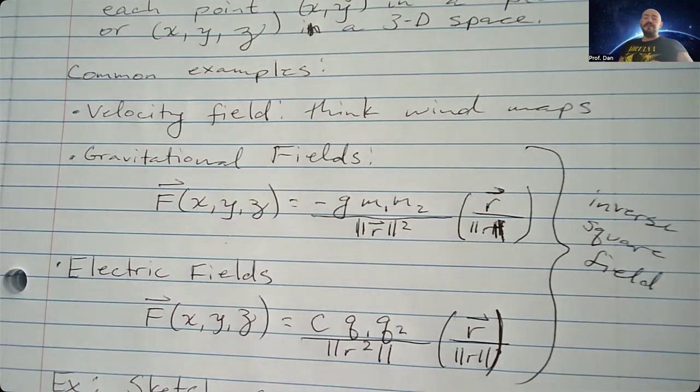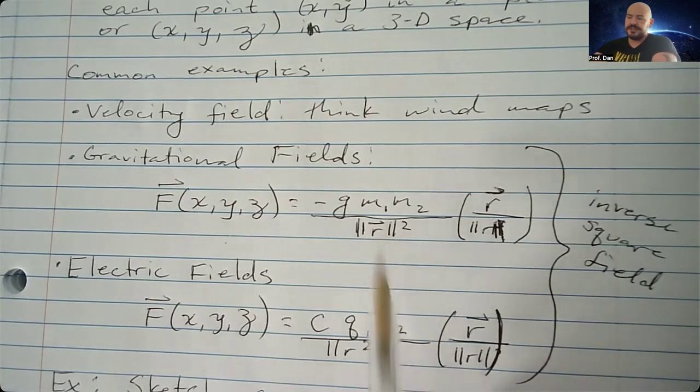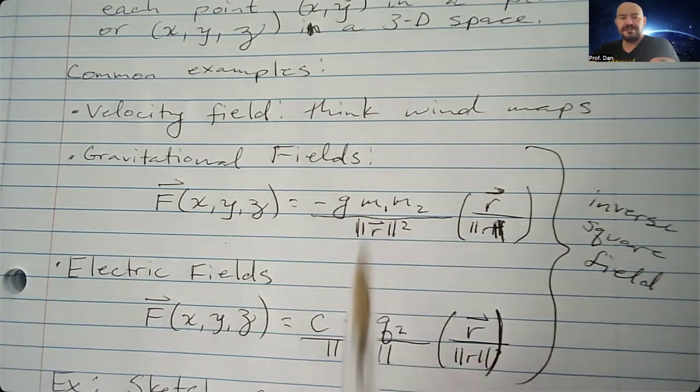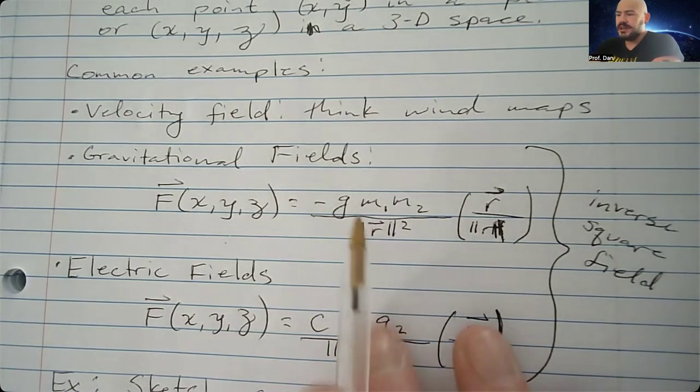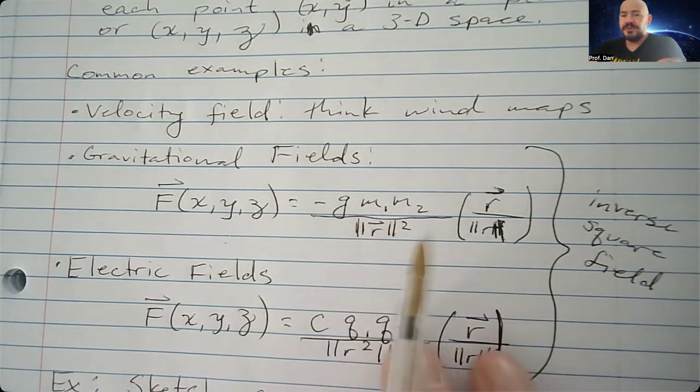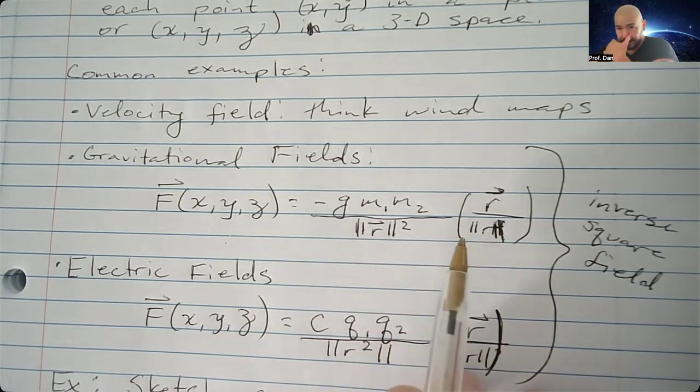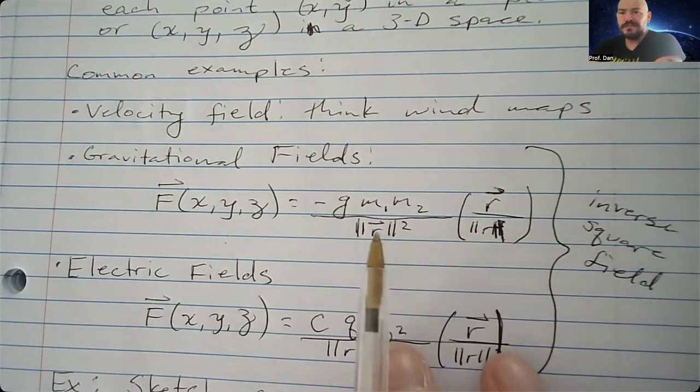Some commonly encountered ones in physics that we see are gravitational and electric fields. So these formulas that you learn when you take your introductory physics courses really just give us a multiplier for a vector.